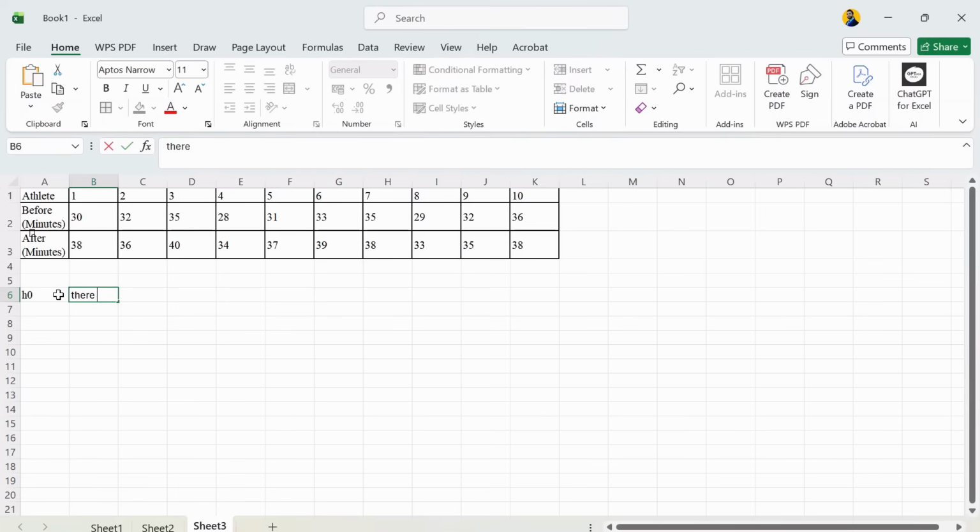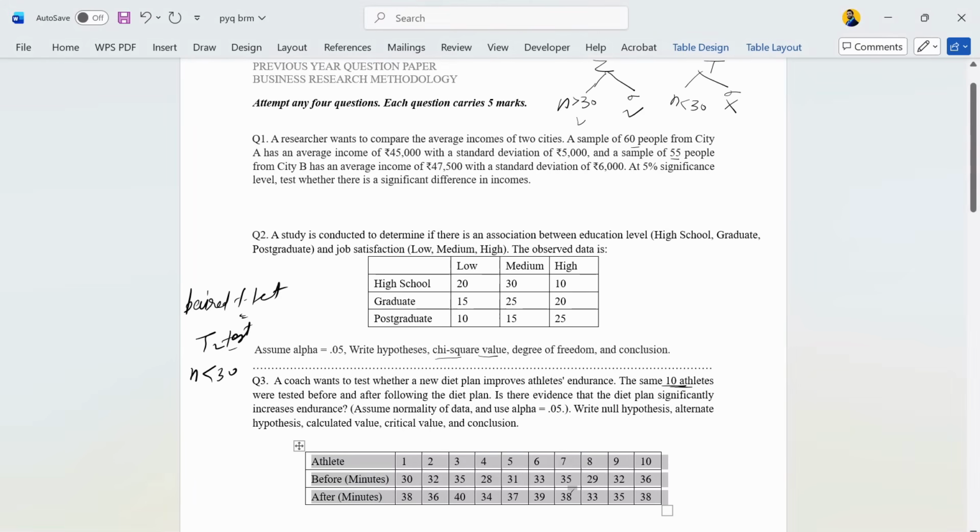We will write down there is no significant... One more thing: if you have noticed in the question, it asks whether the diet plan significantly increases endurance. If we go to the normal distribution, we have studied that increase means the right side, right?